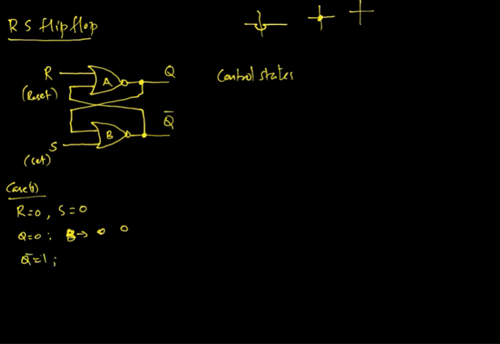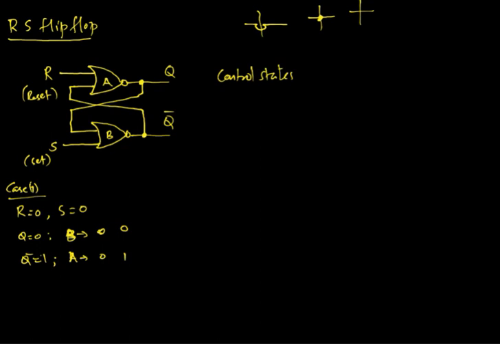NOR gate A will have inputs R is 0 and Q bar is 1, which again gives Q is equal to 0.